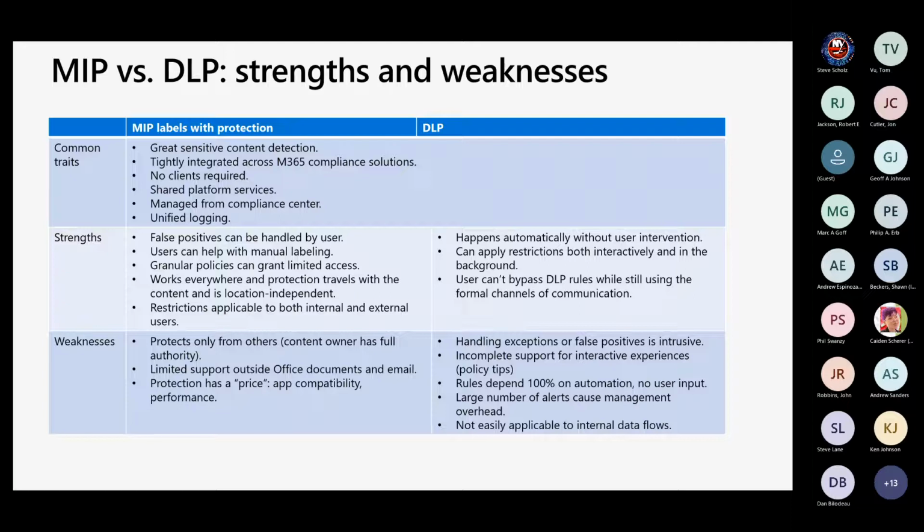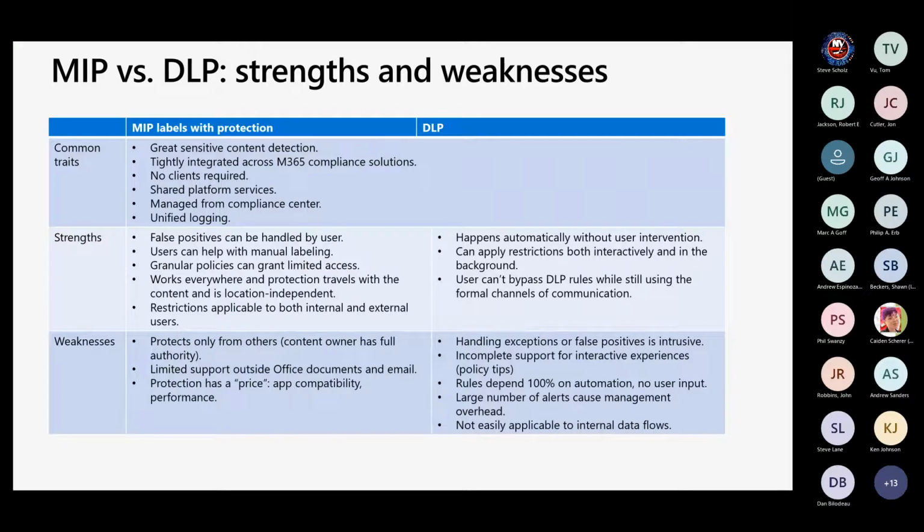You can have your users be more involved with manual labeling. A lot of companies want automatic labeling in their environment, but some folks really want the user to have more control, right? So they get to decide if this document should have a label on it, not the engine in the back end.